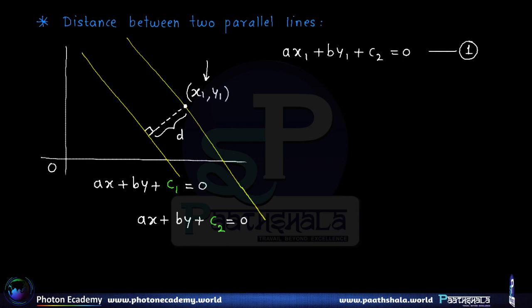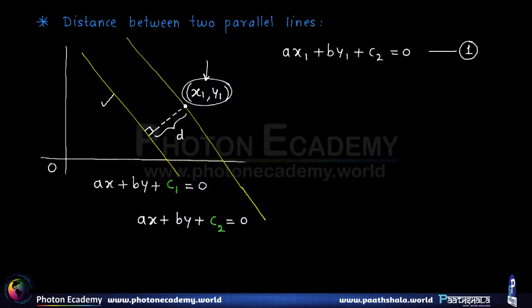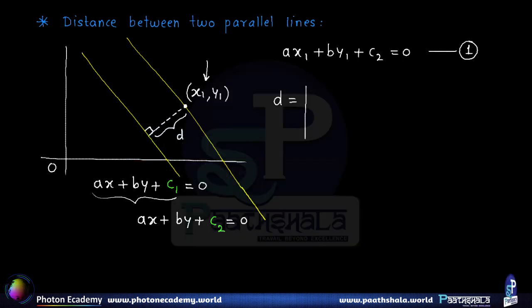Now we can find the expression for the distance of a point from the second line, that is ax plus by plus c1 equal to 0, and we have already developed the formula for that, right? So that distance d is given by, the way to remember it is that we write the expression for the line by putting the coordinates of the required point into x and y.